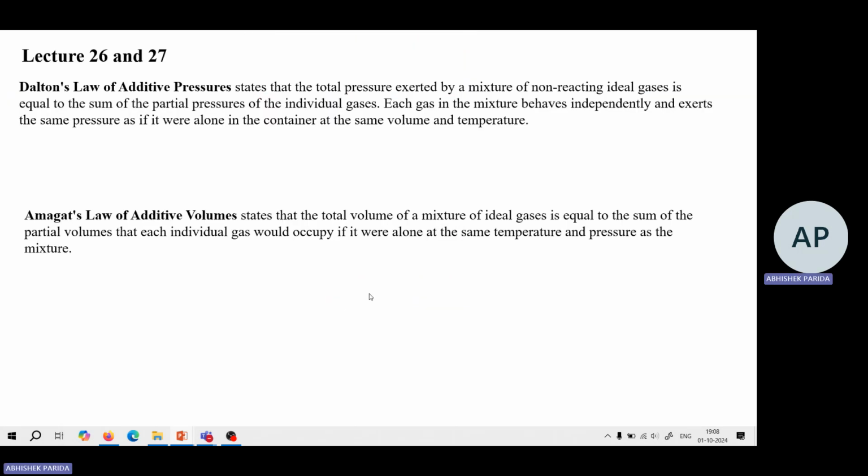So in this week, we covered lecture number 26 and 27, where we were vastly talking about the mixture of gases. Now, these gases can be ideal or real.